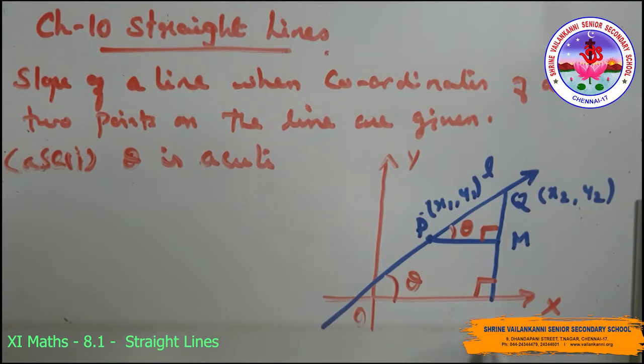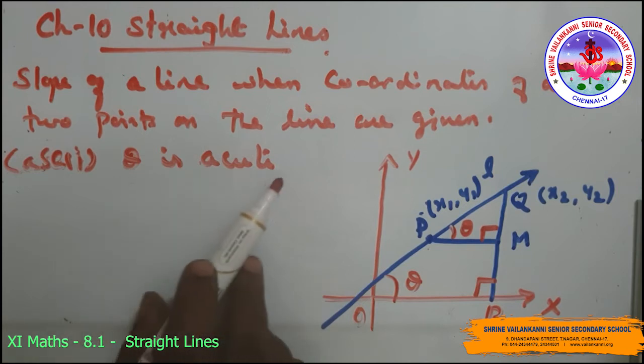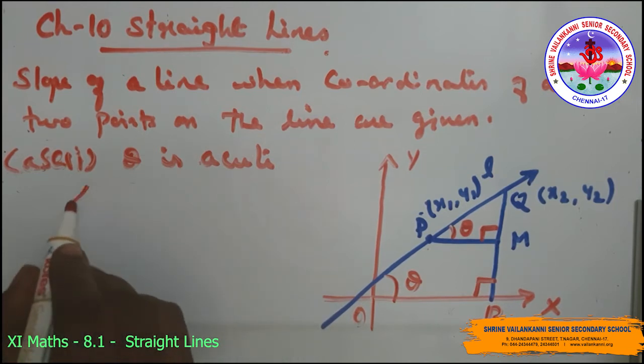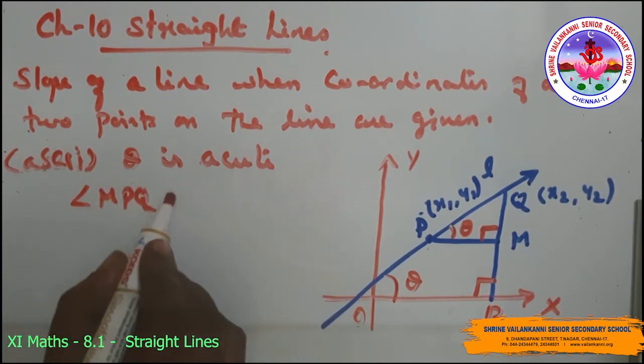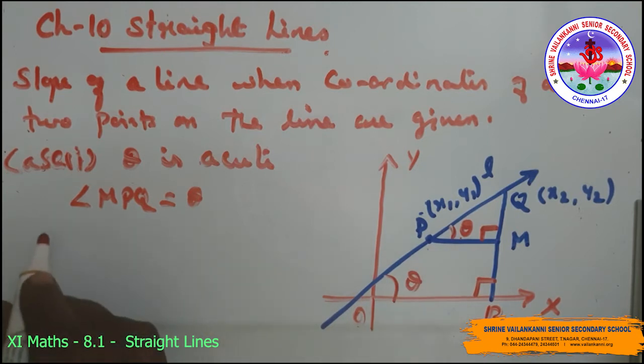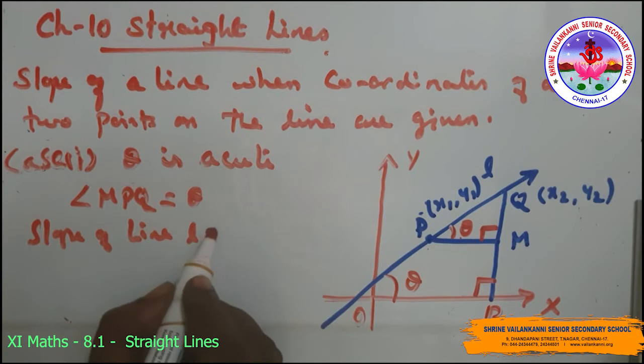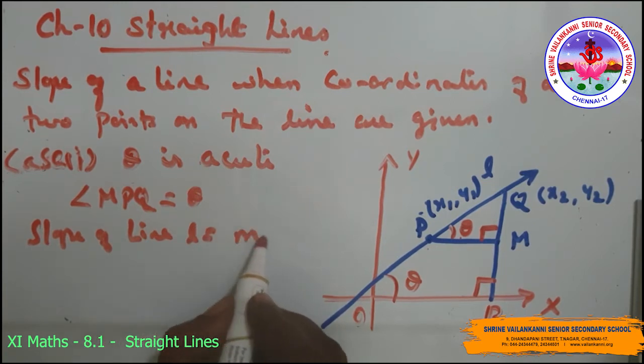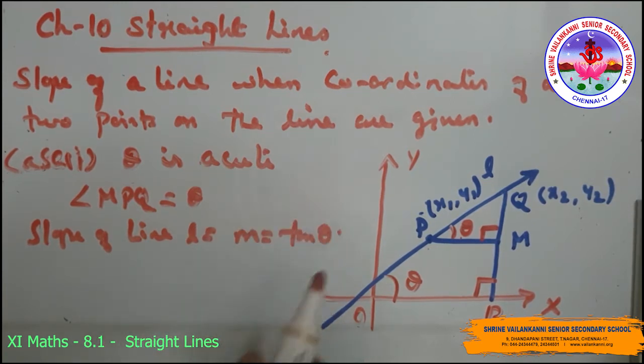Draw perpendicular QR to x-axis and PM perpendicular to RQ. When angle theta is acute, angle MPQ is theta. Slope of the line L, m equal to tan theta.